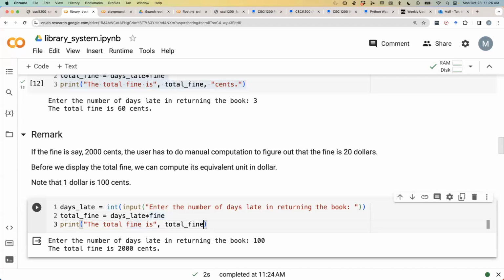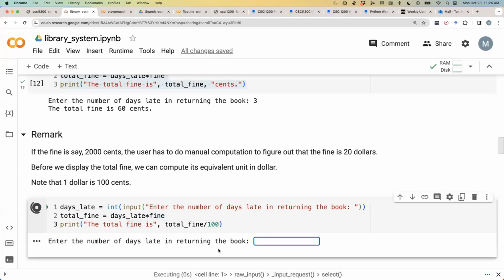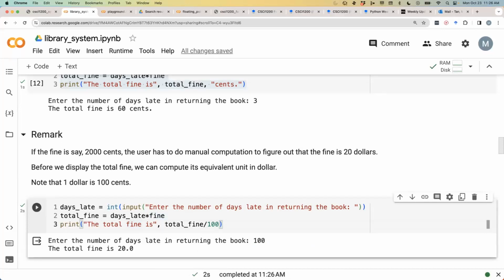And then when we display it, we divide it by 100, so that it becomes a unit of dollars. So we try now, for example, 100. It should be $20. Okay, so we can, for example, be more precise with dollars now.